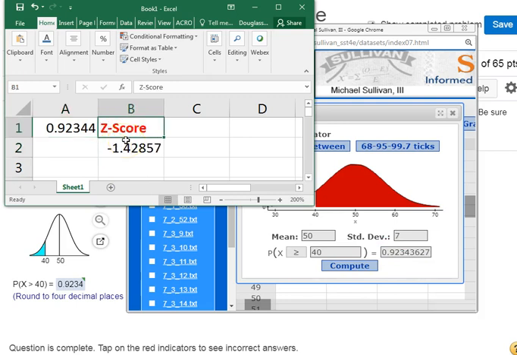And I want to tie everything together for what we've seen on the last few problems. If we look at this example I just did, the z-score for 40, we calculate that by doing 40 minus 50, see how far away it is from the mean, and divide by how big the standard deviation is. So 40 is this far below the mean in terms of z-score.